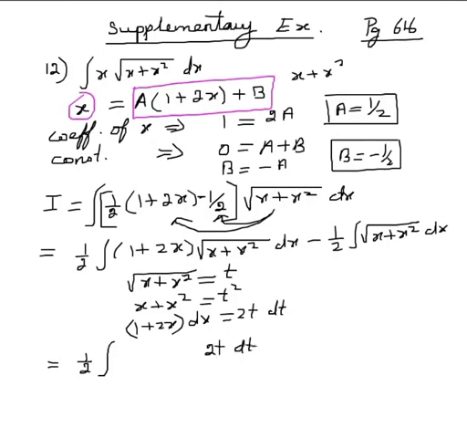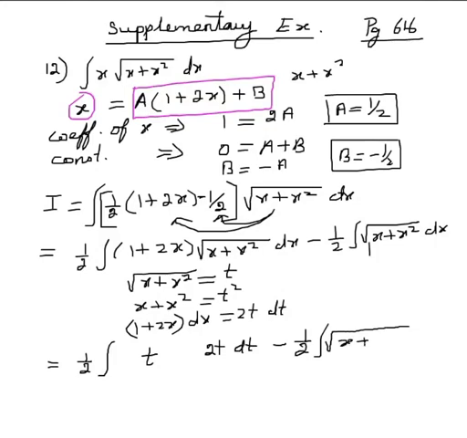So it becomes 2t dt, that is 1 plus 2x times dx. And root of x plus x square is t. And here we need to complete the square. Substitution is only for the first integral. This second integral has to be done by completion of squares method.